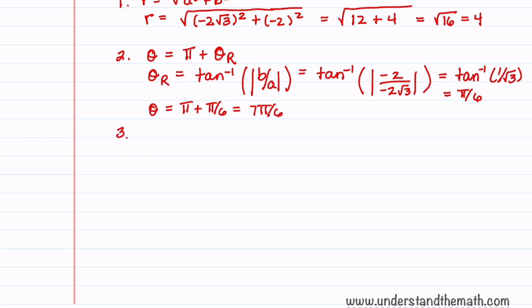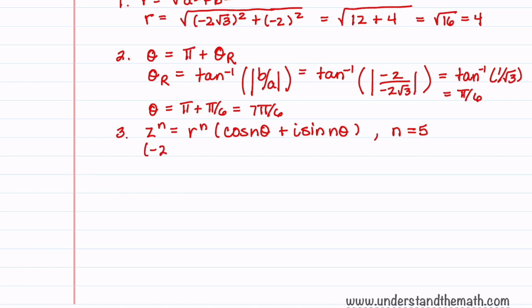Our third step is to apply our formula. We have z to the n is equal to r to the n times cosine n theta plus i sine n theta. And let's make a note that n is equal to 5.